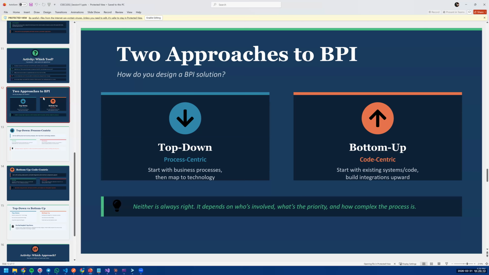Just to quickly reiterate, the top-down process-centric approach is where, as the integrator, you try to map out all of the problems in a non-technical way, and then fit in solutions also in a non-technical way. The advantage is that when you map out all the problems and solutions in a way that does not involve any products or any code, you get pretty good feedback from all of the stakeholders involved because you're able to talk to them in their own language.